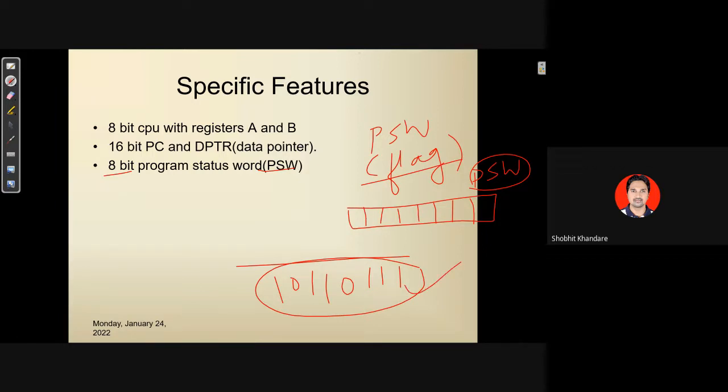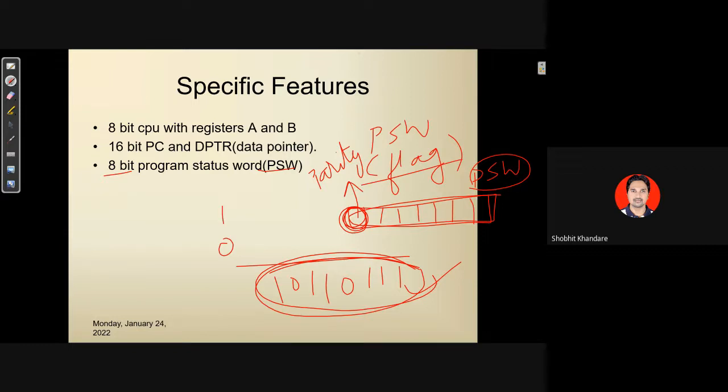एक मैंने फीचर बताया रिजल्ट का, ये आपका जो रिजल्ट है वो इवन पैरिटी का है। तो PSW में 8 बिट है ना, इसमें एक बिट है दैट इज डेडिकेटेड फॉर पैरिटी। अगर रिजल्ट आपका इवन पैरिटी है तो ये जो बिट है ना यहाँ पे वो 1 दिखाएगा। अगर ये आपका रिजल्ट ऑड पैरिटी है तो यहाँ पे आपका 0 दिखाएगा। So this particular bit will reflect whether the result is even parity or odd parity.